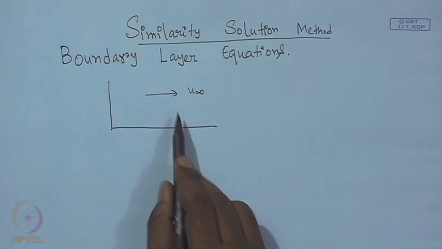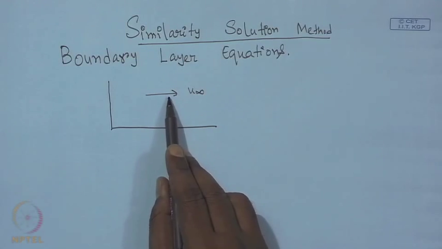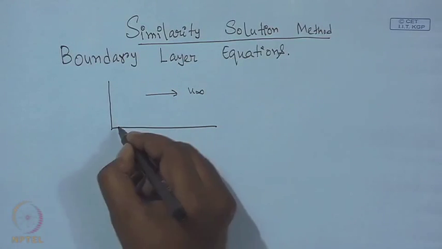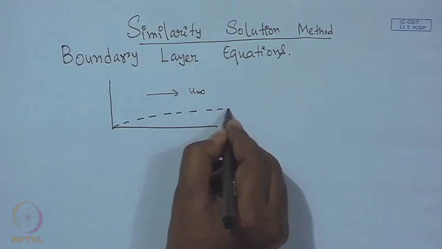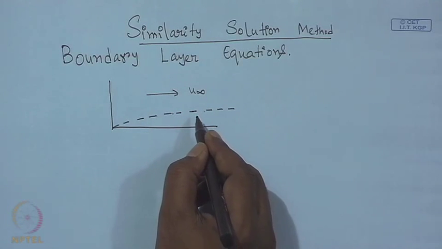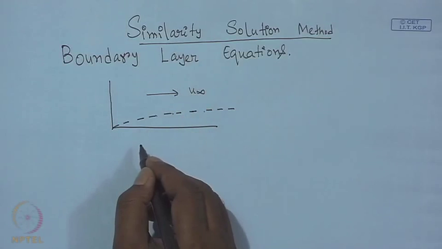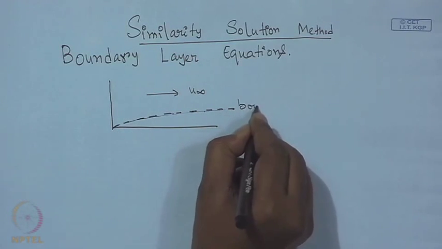As you go up, the velocity keeps on increasing, and beyond a particular point it becomes u is equal to u infinity. So, one can identify a locus in the flow field where every point of this locus will have a velocity 99% of the free stream velocity. That particular locus is called the boundary layer.